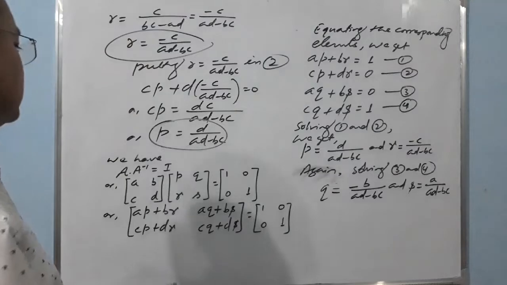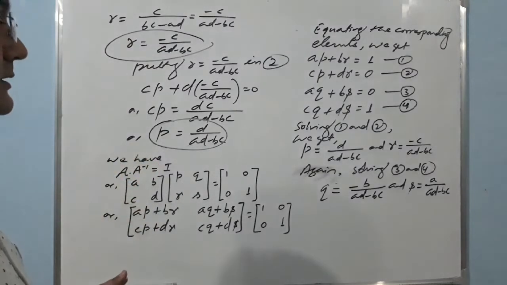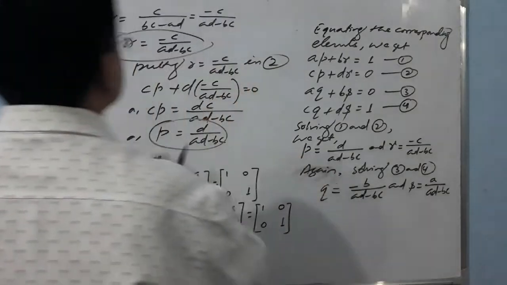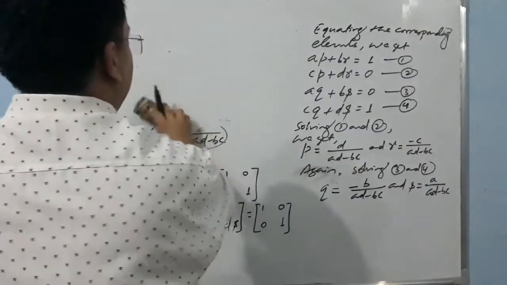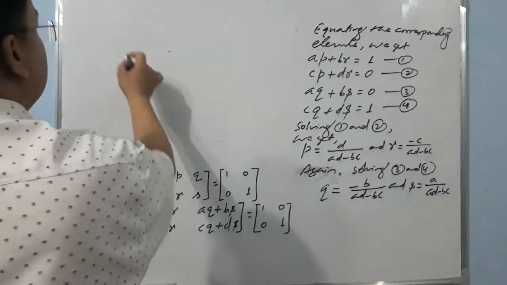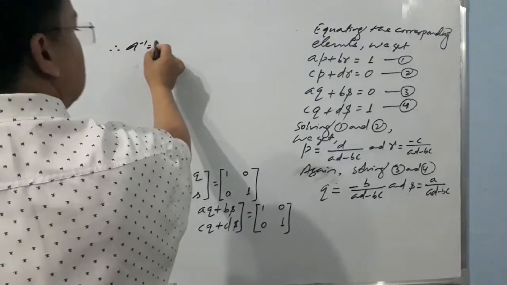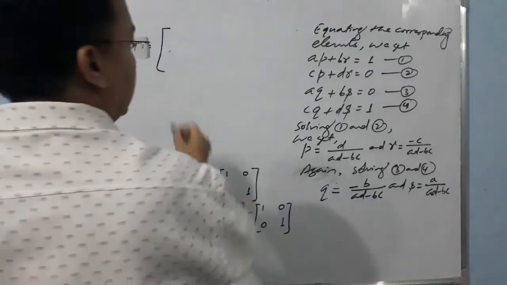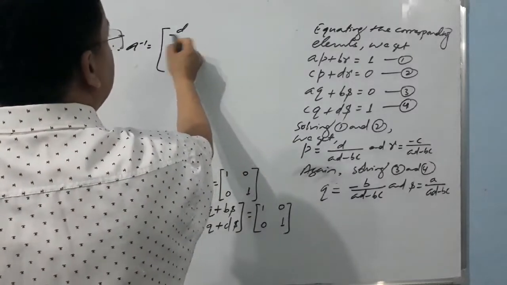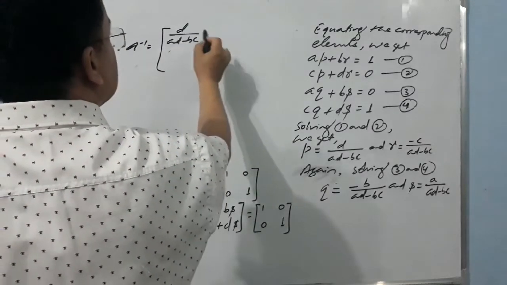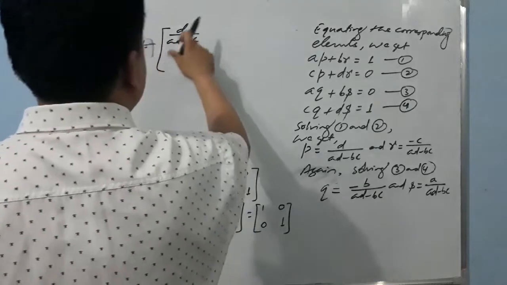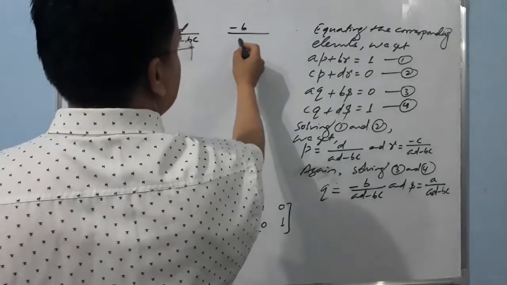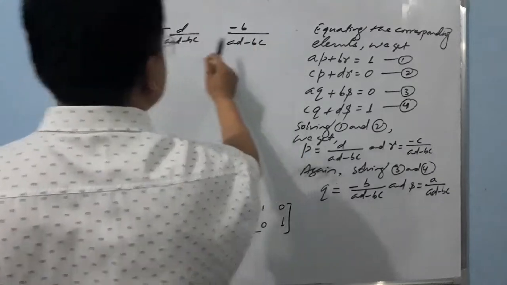Now we have to substitute in A inverse, so we can write these values. A inverse is equal to P, which is D upon AD minus BC, and Q, which is minus B upon AD minus BC.